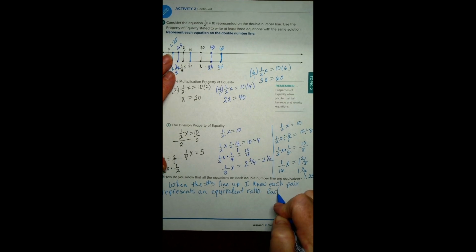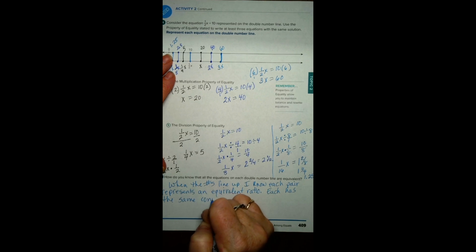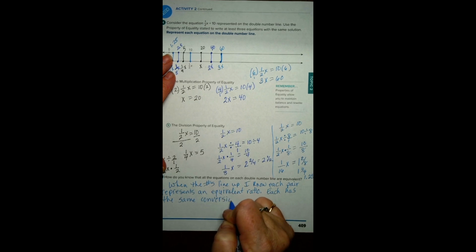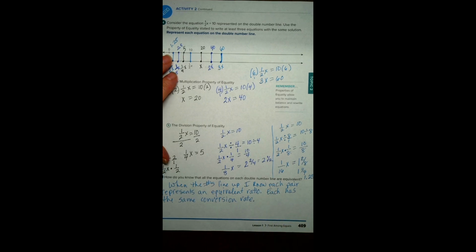Each has the same conversion rate. Okay.